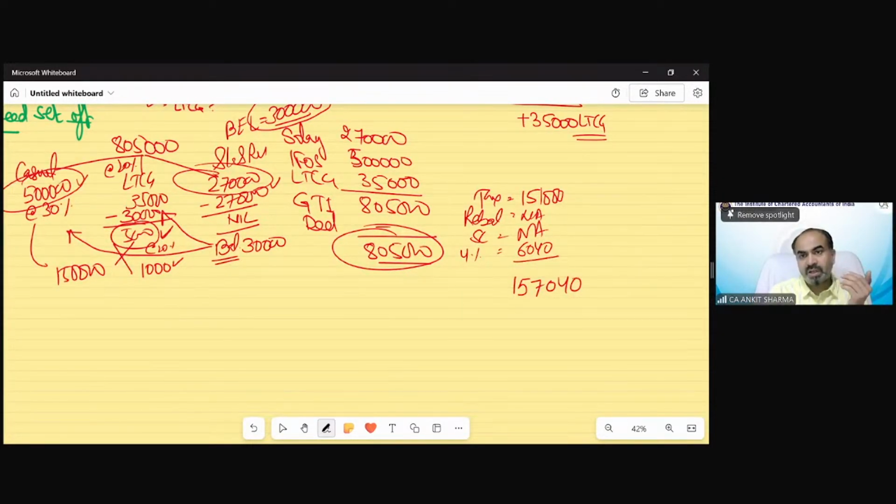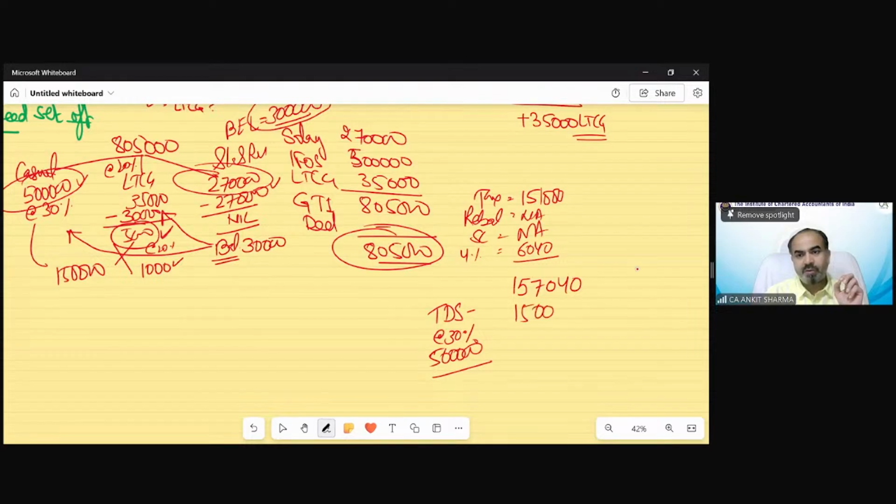Now, because the casual income was 5 lakhs, of course the TDS must have been deducted at the rate of 30% on this. As we assumed in the previous question also, when there was dividend exceeding 10,000 and income on units of UTI, because they were exceeding the limit of TDS, we assumed that TDS must have been deducted. In the same way, TDS must have been deducted on 5 lakh rupees of casual income.